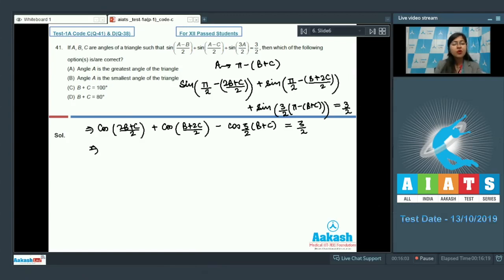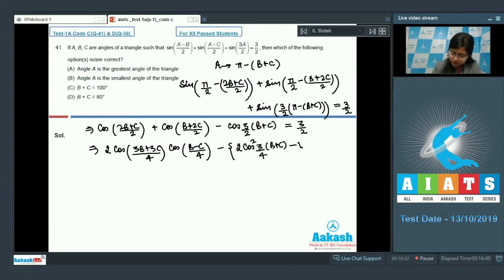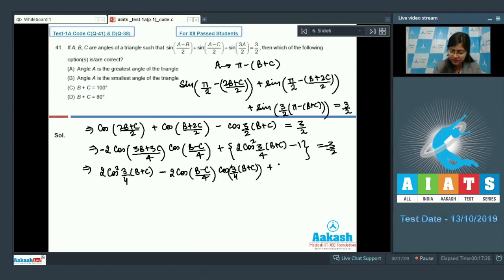Now solving this, cos C plus cos D will be equal to 2 times cos of (C plus D)/2, that is (3B plus 3C)/4 into cos of (B minus C)/4, minus, now cos 2 theta is equal to 2 cos square theta minus 1, is equal to 3/2. Now if we multiply by minus on both sides, this is written as 2 times cos square 3/4 (B plus C) minus 2 times cos of (B minus C)/4 into cos of 3/4 (B plus C) minus 1 plus 3/2, that is plus 1/2, equal to 0.